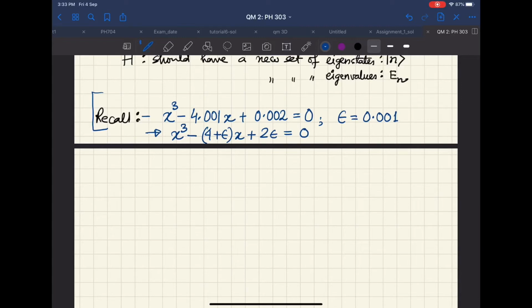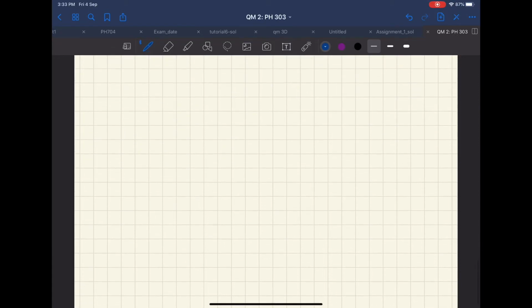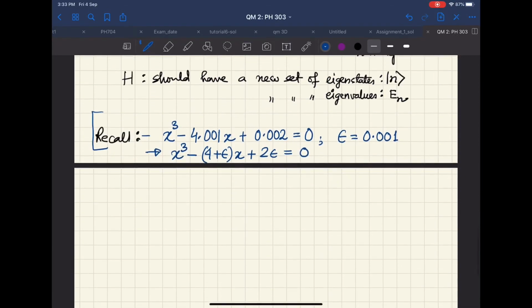Since epsilon is very small, it is nearly equal to 0, so we can think of this term to be 0, and to the epsilon to the power 0th order, we can simply look at the equation x cube minus 4x equal to 0. And we saw that the roots of that equation were 0 and plus minus 2.